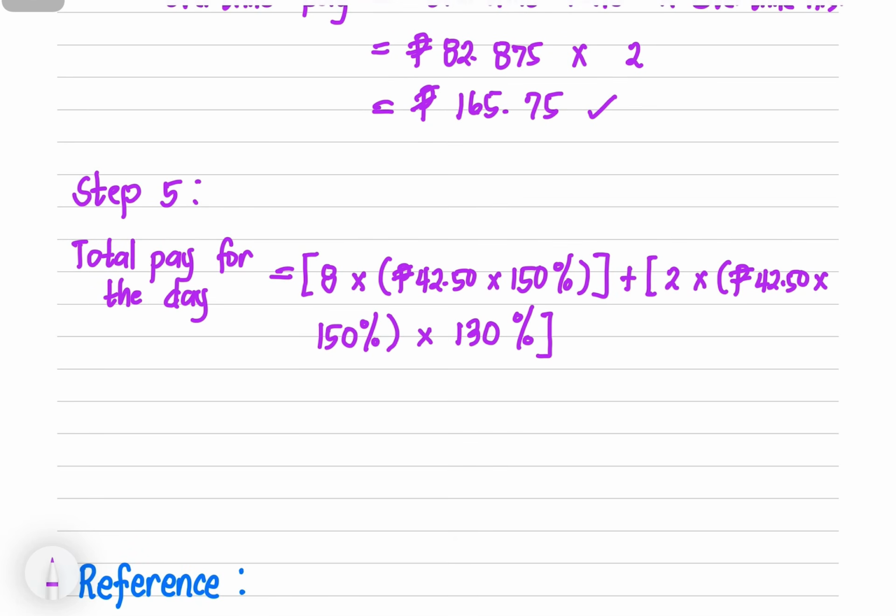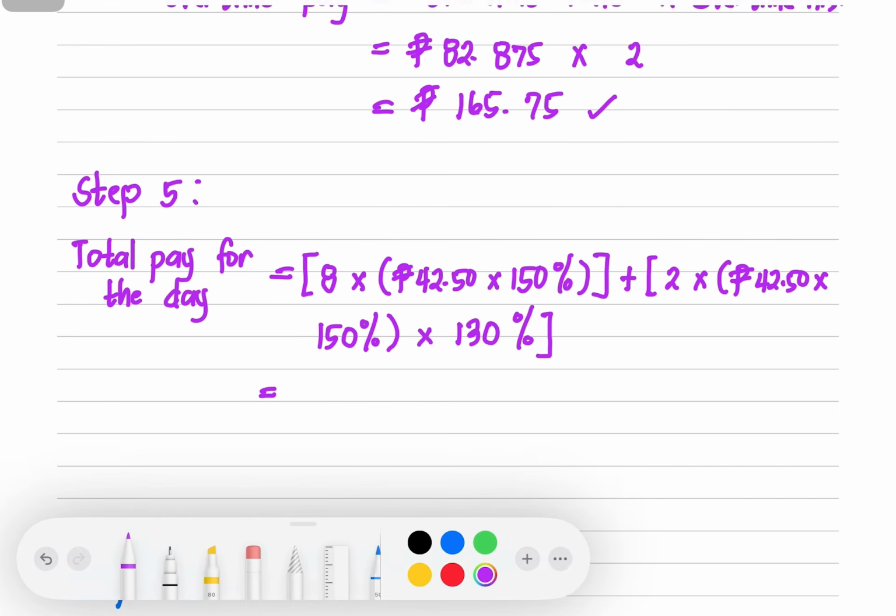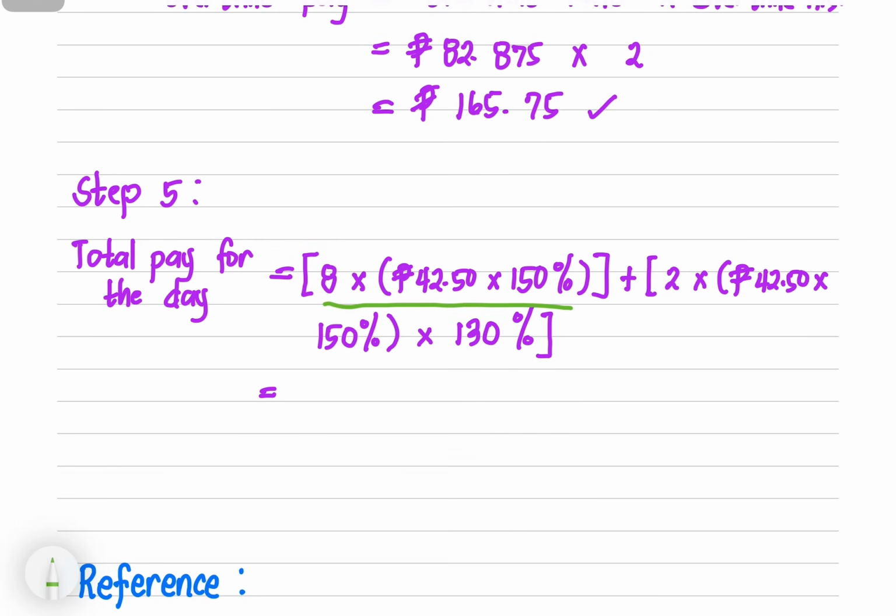And now, let's simplify. So guys, eto muna. Simplify natin to. So, we have here 8 times. So, yung nasa quantity or parenthesis, 42.50 times 150%, that is equal to, very good, 63.75 pesos. So, na-compute na natin ito kanina.